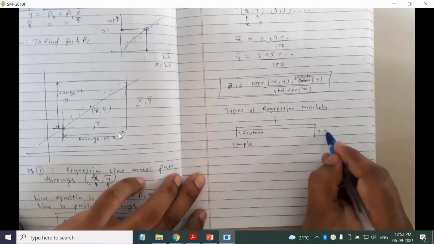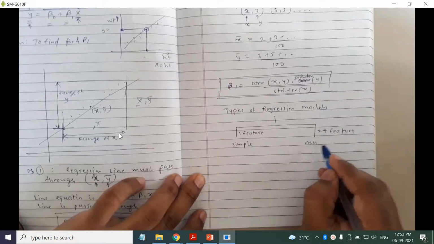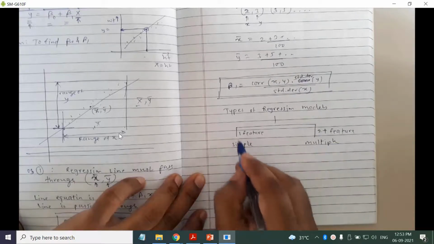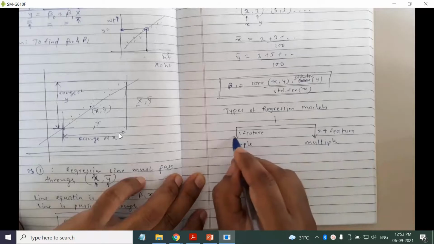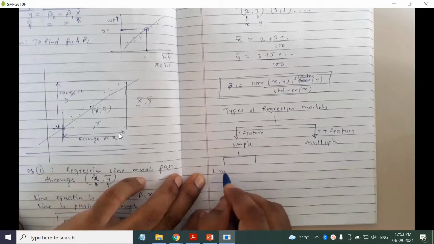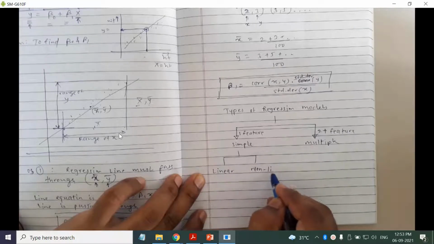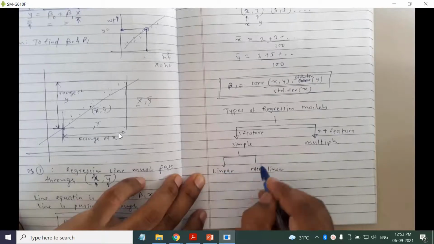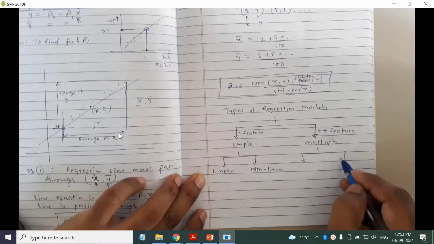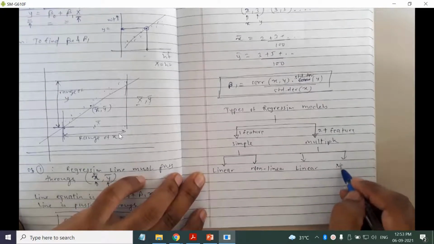If you have 2 or more features, that is known as multiple regression. Your regressor can be a linear one or non-linear one, so we have linear and non-linear under both categories.